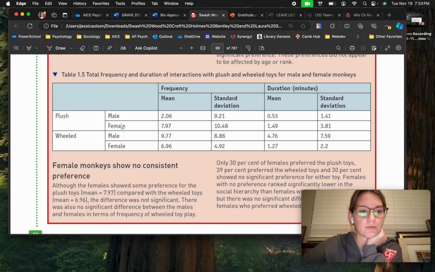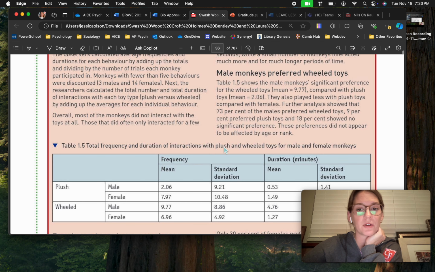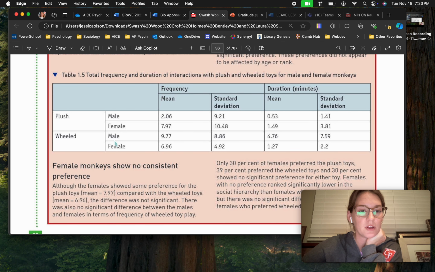Frequency. So let's look at the wheeled, because we just talked about male monkeys with the wheeled toys. They played with the wheeled toys more often than the females, but that's not too much more.